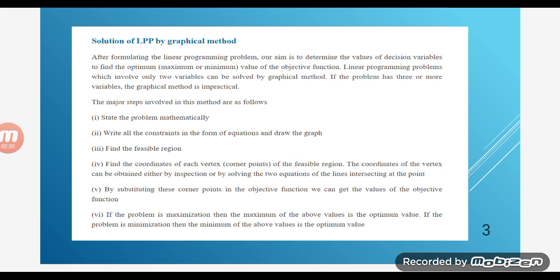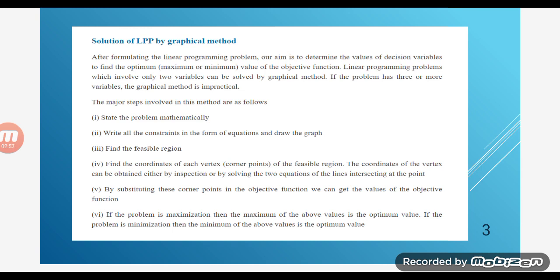The following algorithm. Step 1, we have to state the problem mathematically, that is, we have to write the problem in an LPP model. Second step, we have to write all the constraints in the form of equations and we have to draw the graph for those equations.